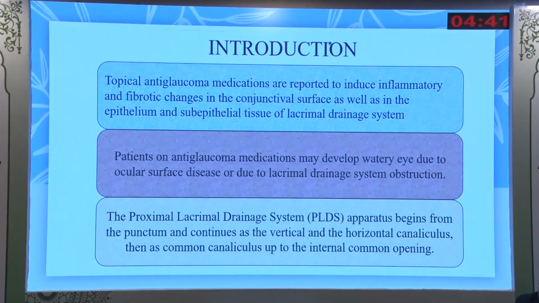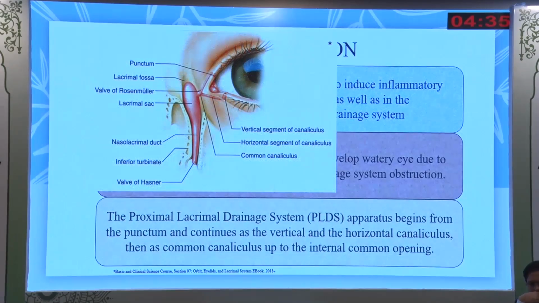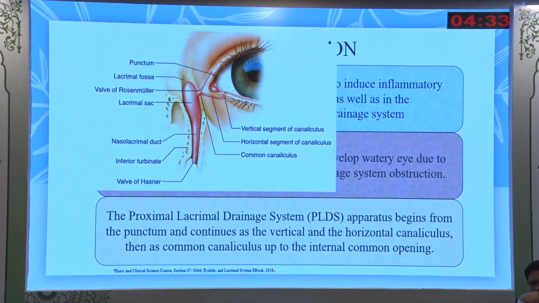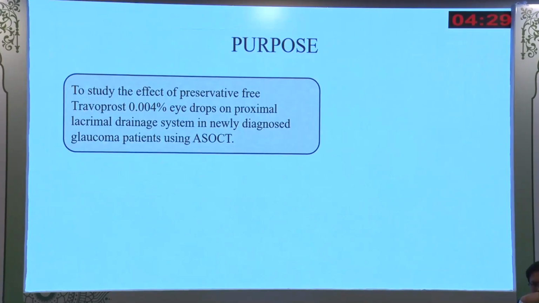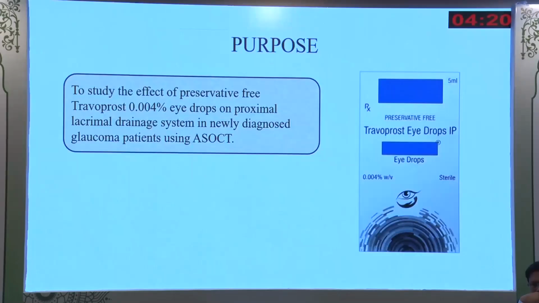system obstruction. In our study, we have studied the proximal lacrimal drainage system, which begins from the punctum, continues as the vertical and horizontal canaliculus, and then as the common canaliculus up to the internal common opening. The purpose was to study the effect of preservative-free travoprost eye drops on the proximal lacrimal drainage system in newly diagnosed glaucoma patients using ASOCT.